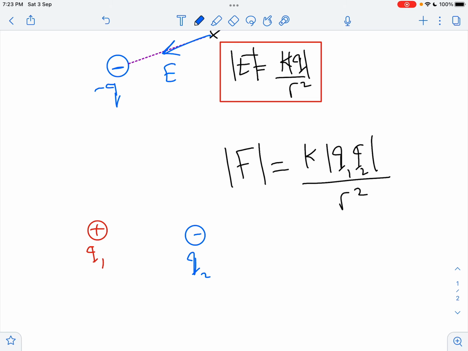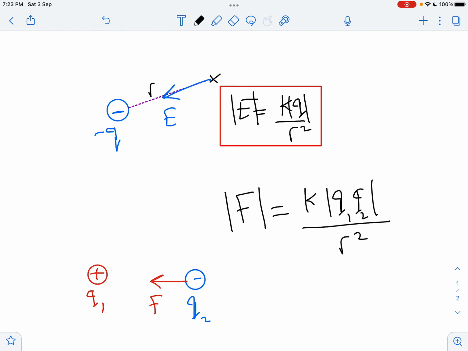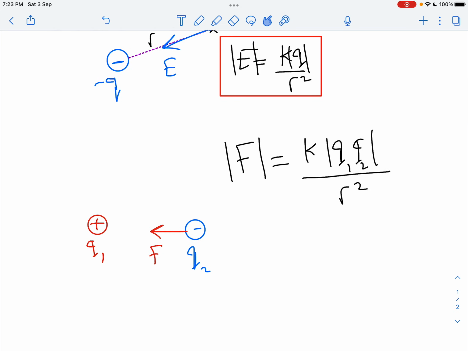So Q1 exerts a force on Q2, which is going to be an attractive force, and it's equal to K Q1 Q2 over R squared. Again, R is the distance between the charges.